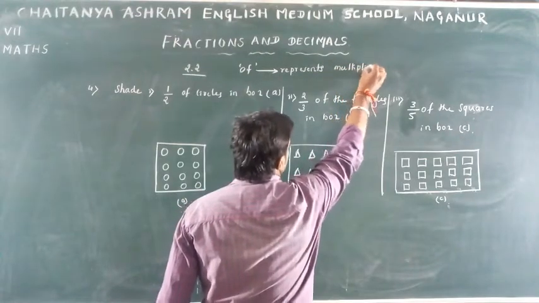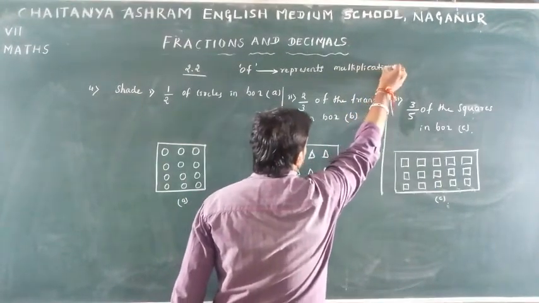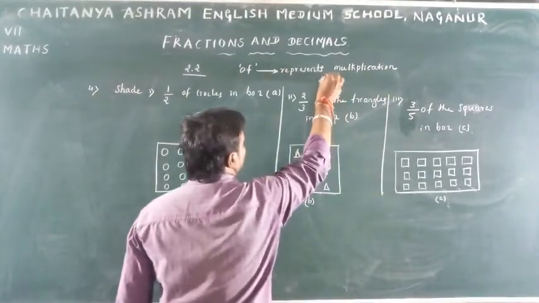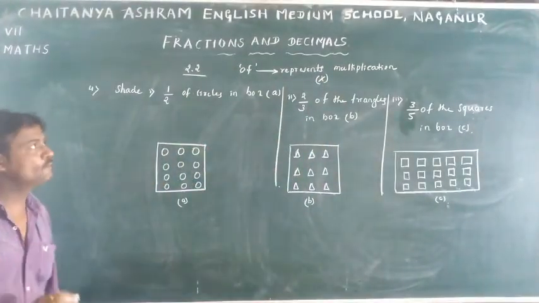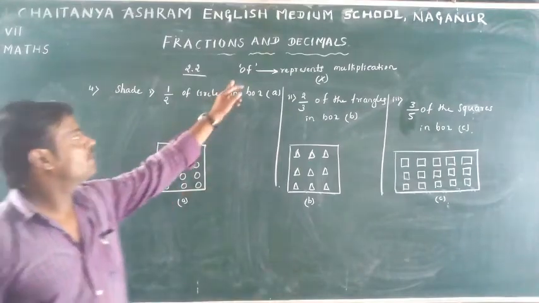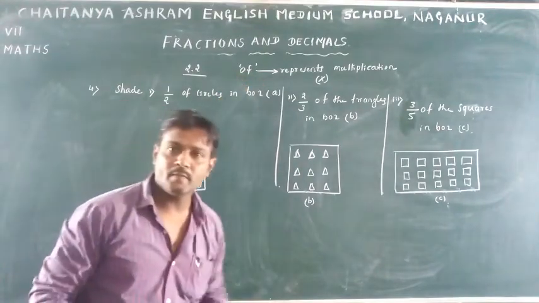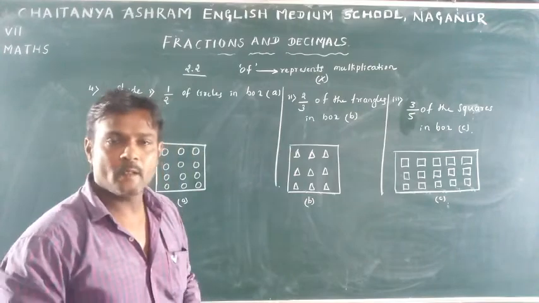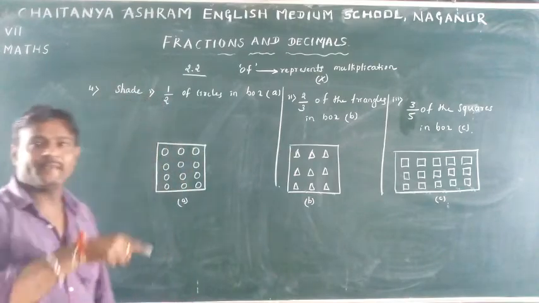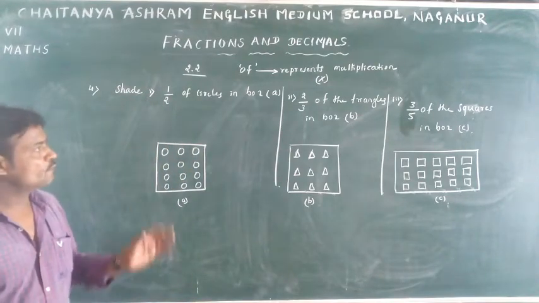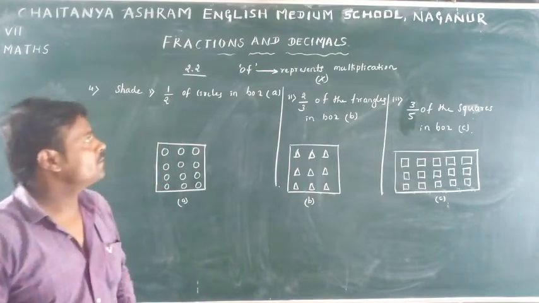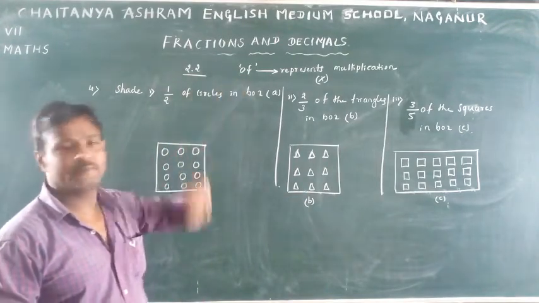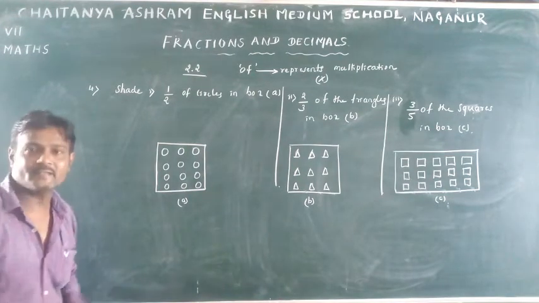"Of" represents multiplication. Clear? Wherever you see the word "of", in simplification put the multiplication sign instead. So these are some applications of this "of". Very interesting.